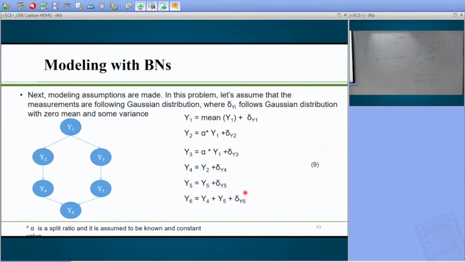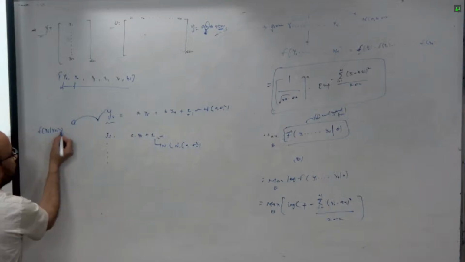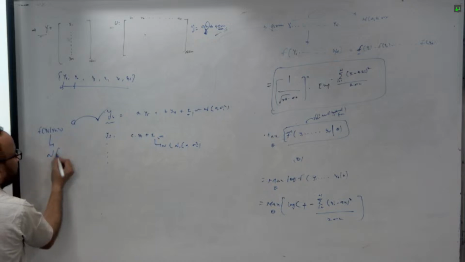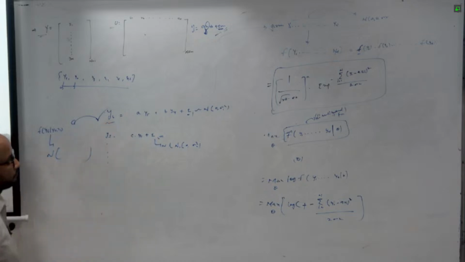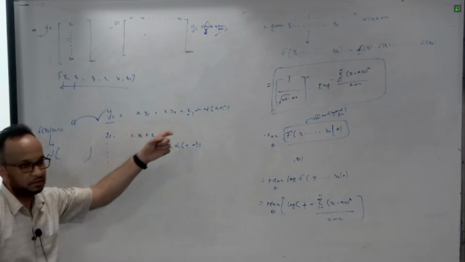Now I'm going to use a joint density function and try to fit. This is called a linear Gaussian model. So I can write it in terms of density. Suppose this is a density function of y6 given y5, y4. What is the mean of this particular function?